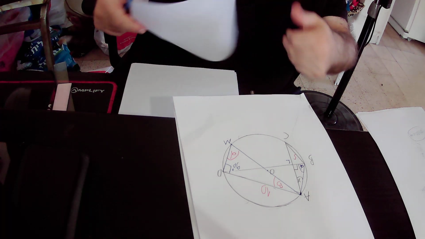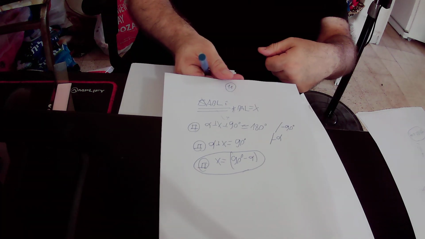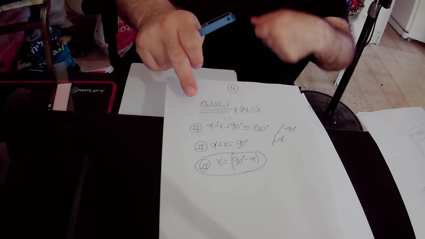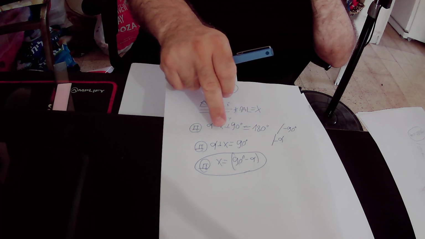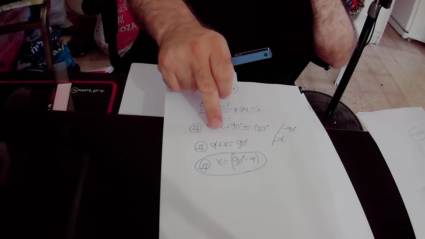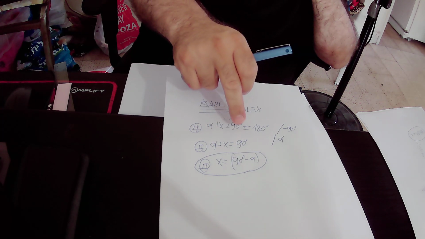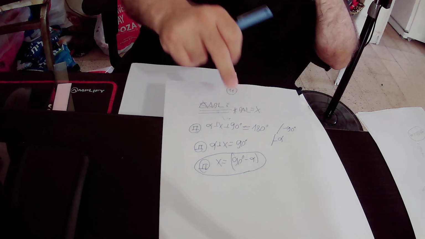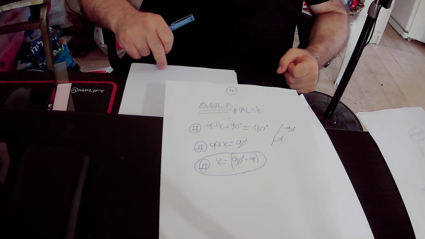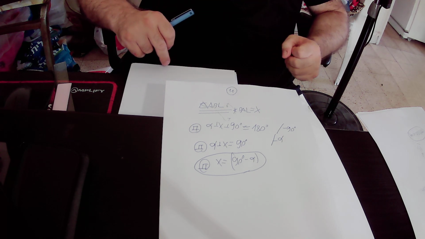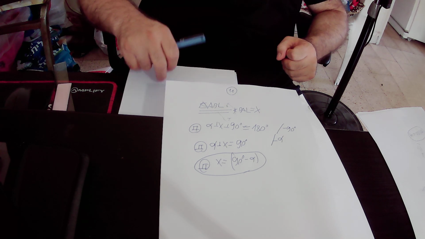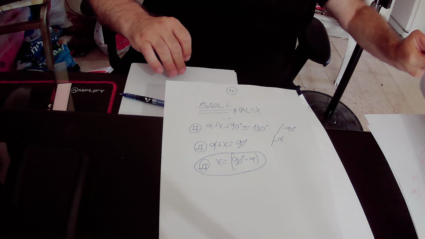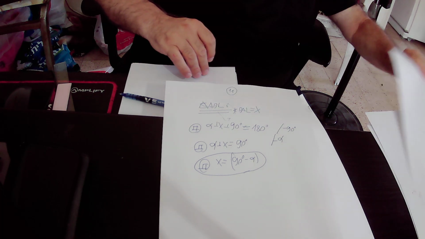So we subtracted alpha from equation number 2. We got that alpha plus X minus alpha equals X, and 90 degrees minus alpha equals 90 degrees minus alpha. Okay, so equation number 2 states that angle X equals 90 degrees minus alpha.